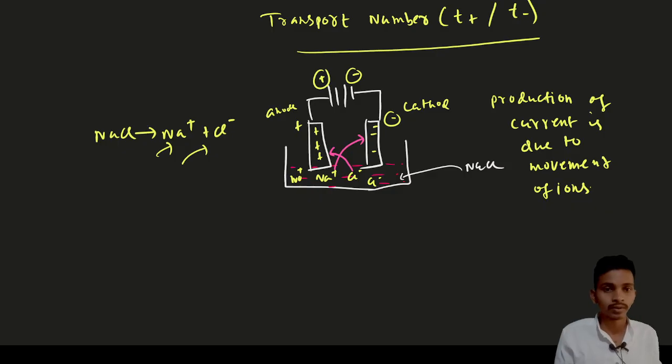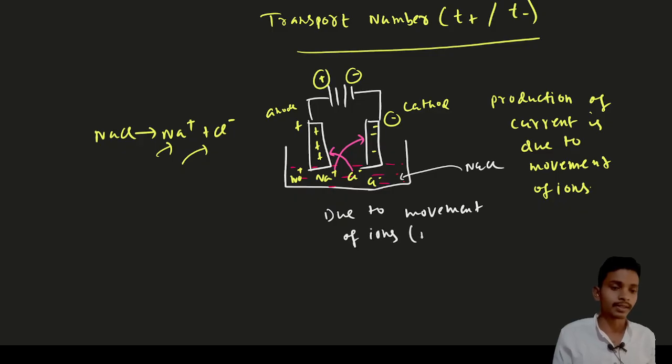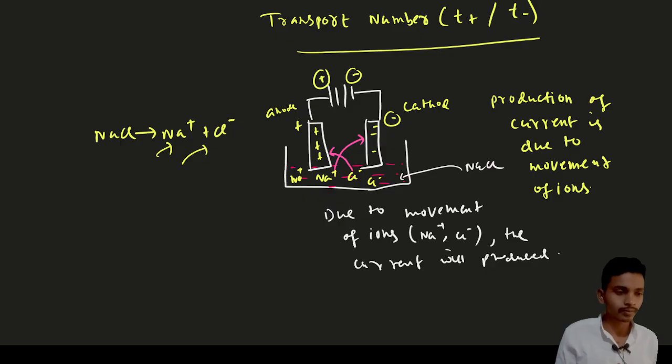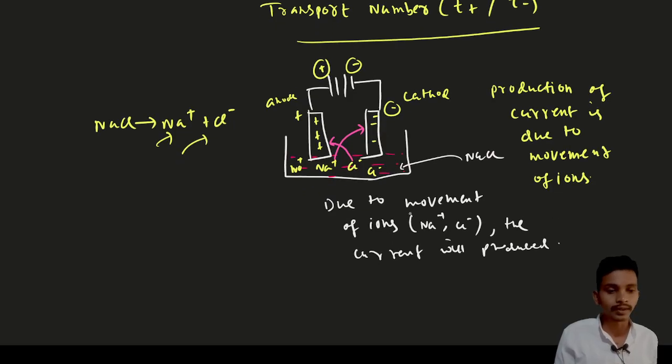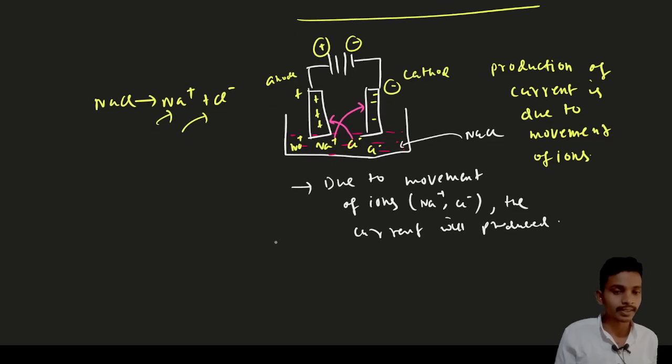So I can write: due to movement of ions, either Na plus or Cl minus for this electrolyte, the current will be produced. If the ions move fast, more current will be produced.